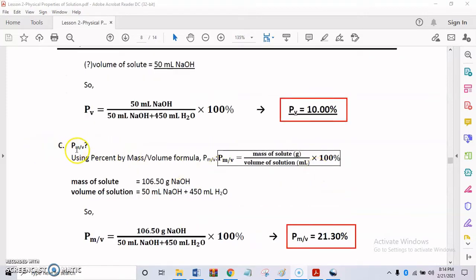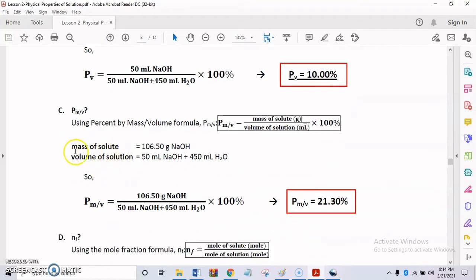Dito naman sa percent by mass over volume, dito naman is mass ang nasa solute or mass ang nasa taas over volume ng solution. So, in terms sa mass na yung ating solute over volume of solution. Okay? So, yung mass ng solute natin is in terms of grams and the volume of our solution is milliliter.